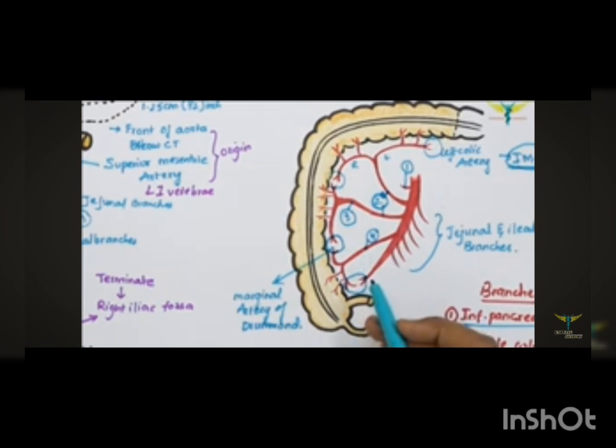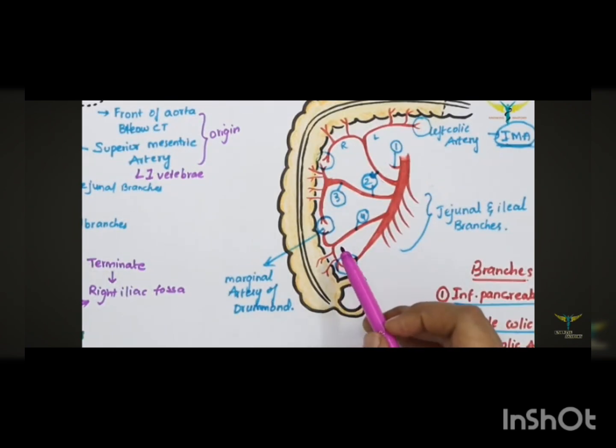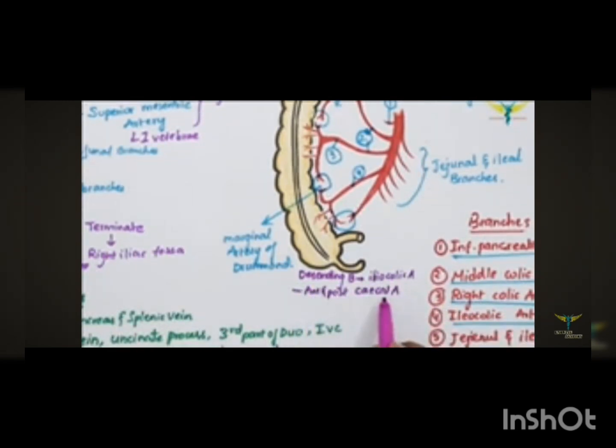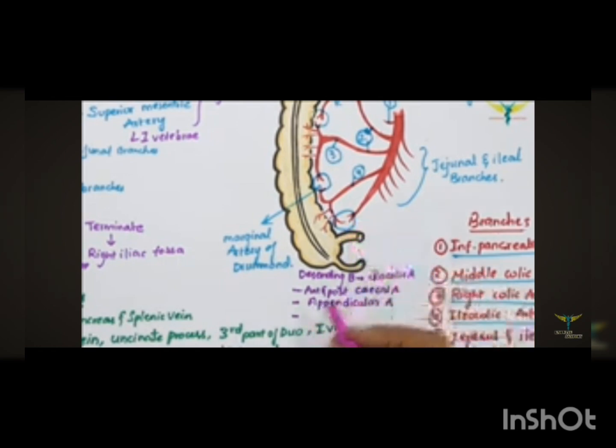The ileocolic artery also gives three branches. Those are the anterior and posterior cecal arteries, that means they supply the cecum, the appendicular artery, that means they supply the appendix, and the ileal branch to the terminal part of the ileum.